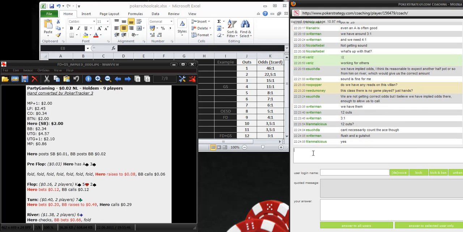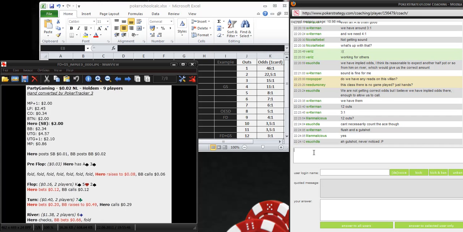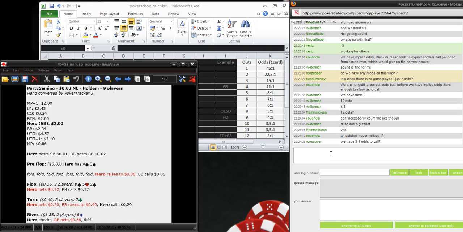Let's take the opponent has something like a king x hand, like king jack, king 10, king queen, ace king maybe even, and let's put the opponent on this range only, and let's get the understanding how we could play it. And for flush draw plus gut shot, yes, that's true that we need 3 to 1 if there is only one card to come.